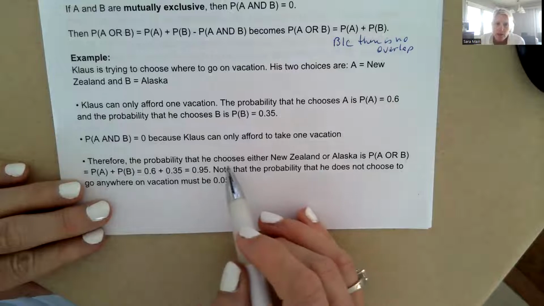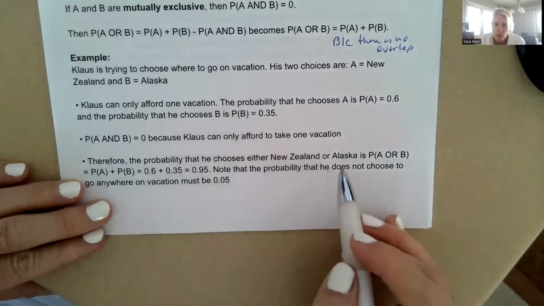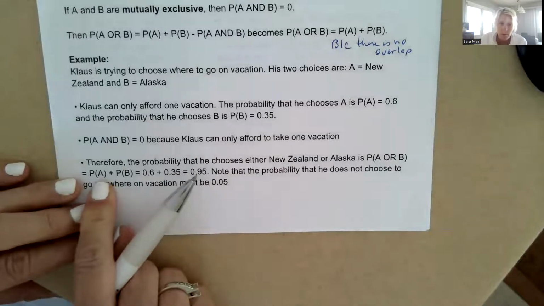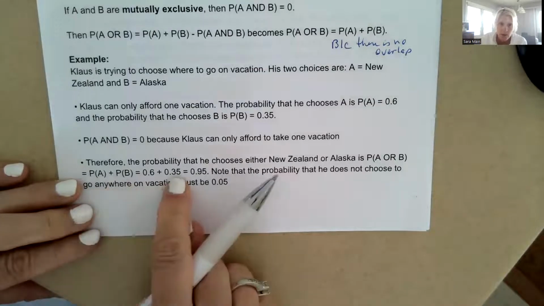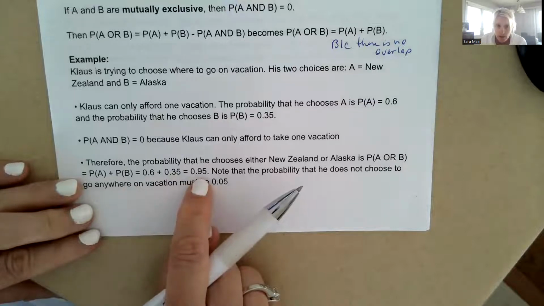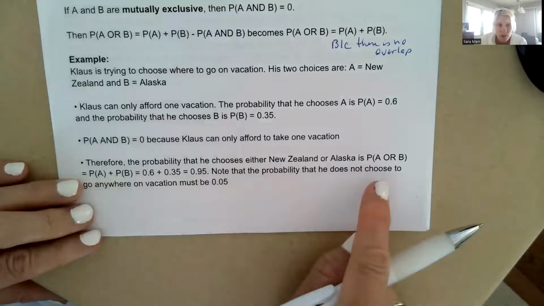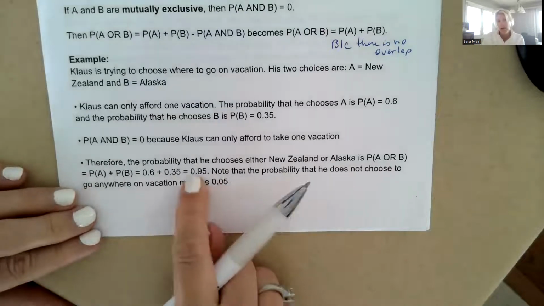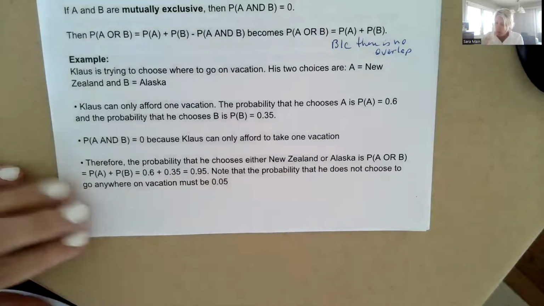Therefore, the probability that he chooses either New Zealand or Alaska is the probability of A or B, which is just the probability of A plus the probability of B, which is 0.6 plus 0.35, or 0.95. Note that the probability that he does not choose to go on vacation anywhere must be 0.05 because it has to add to make 1.